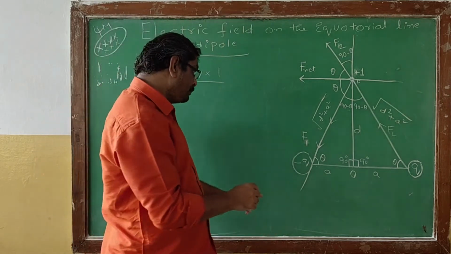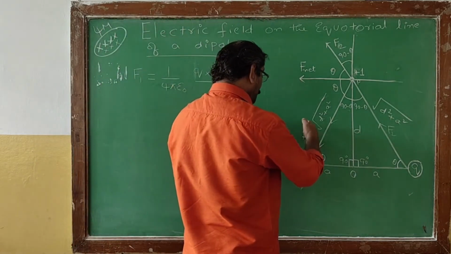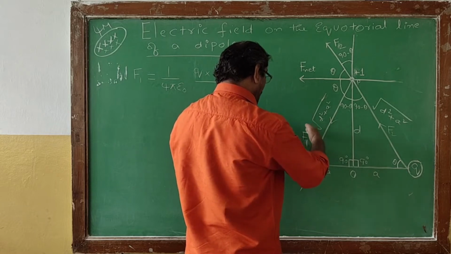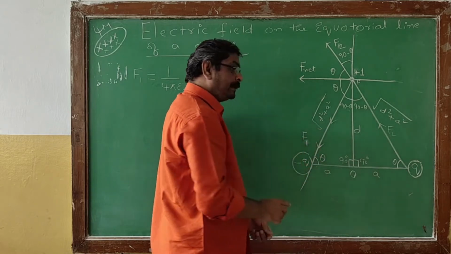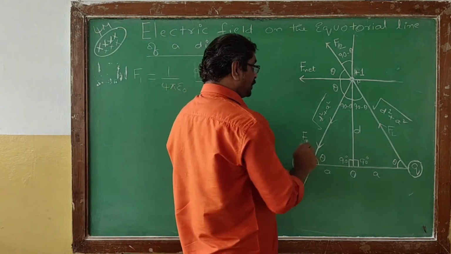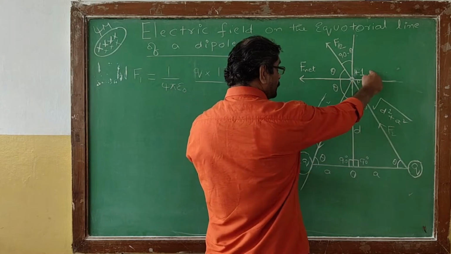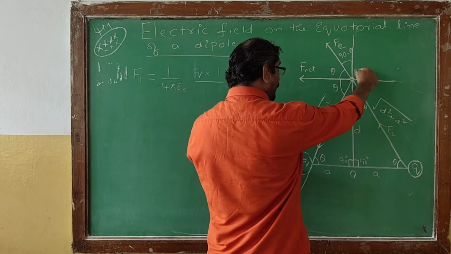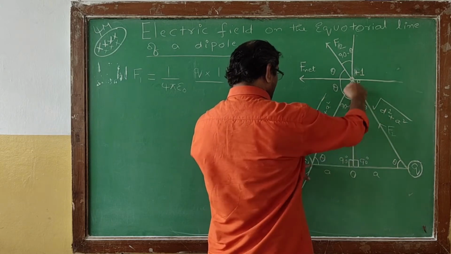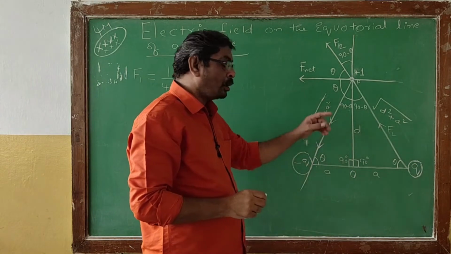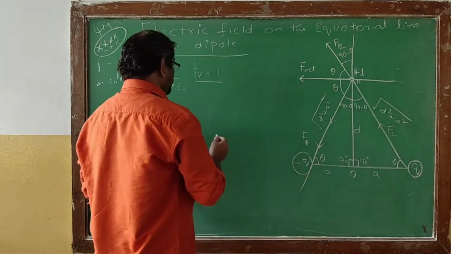Q1 will be the magnitude of the negative charge, and the magnitude of the negative charge will always be positive. Now Q2 will be the magnitude of the unit positive charge, and the separation between them will be under root of d square plus a square.